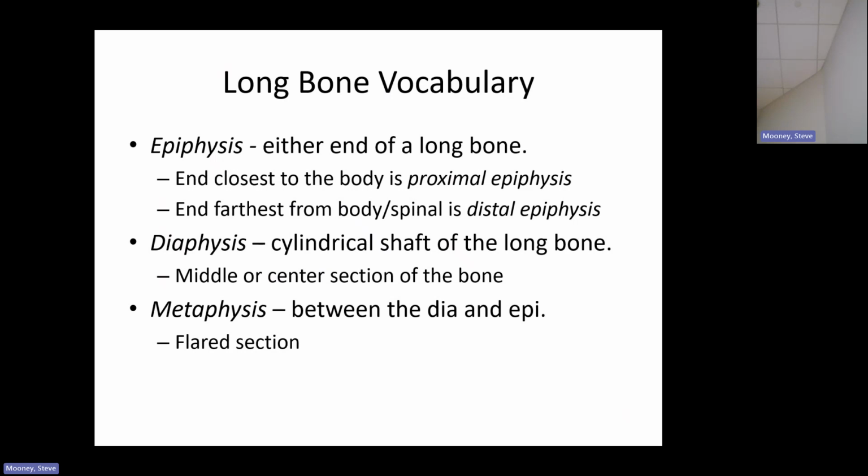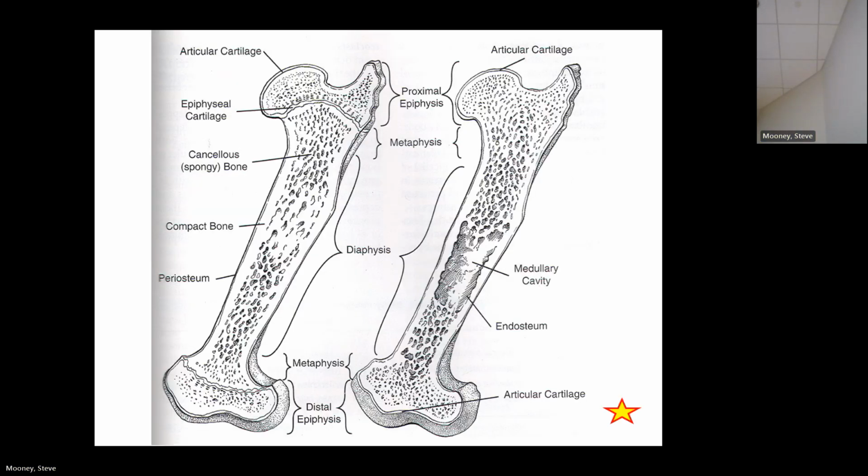So the metaphysis is between the diaphysis and the epiphysis, and it's the flared section in that long bone. So epiphysis up here, we start to flare out. We got our metaphysis, diaphysis in the middle where things are pretty much uniform in diameter. We got our flare down here at the other end, and the distal epiphysis at the other end.